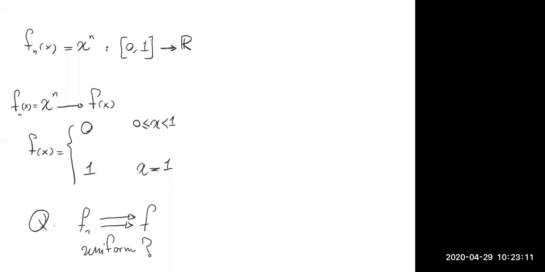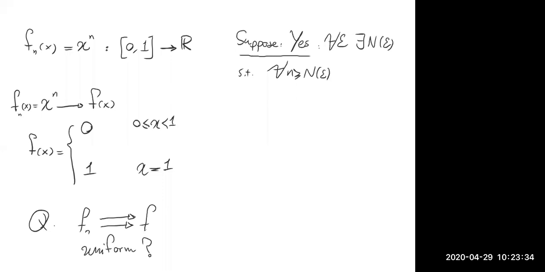Again, like the previous case, suppose the answer is yes. Suppose this is a uniform convergence. It means for any epsilon, there exists a number N, which depends on epsilon, such that for all natural numbers n greater or equal than N epsilon, the distance between Fn of x and f of x is less than epsilon for any x in the domain, which here is the interval 0 to 1.